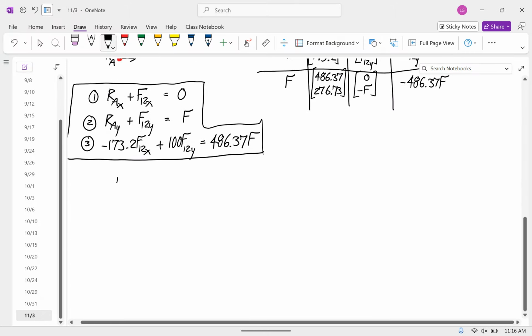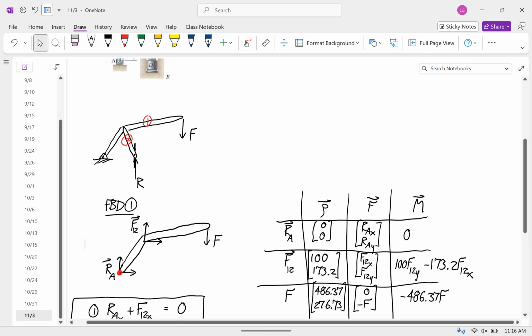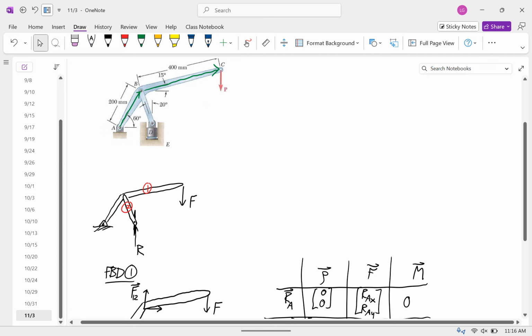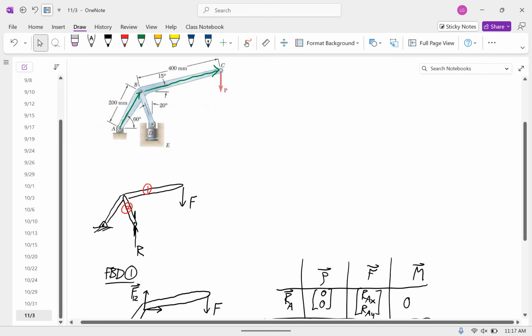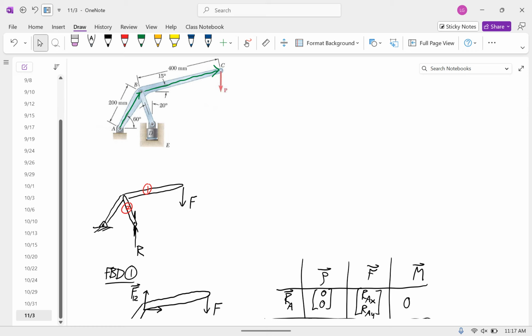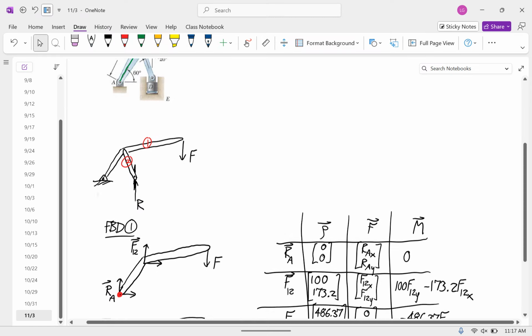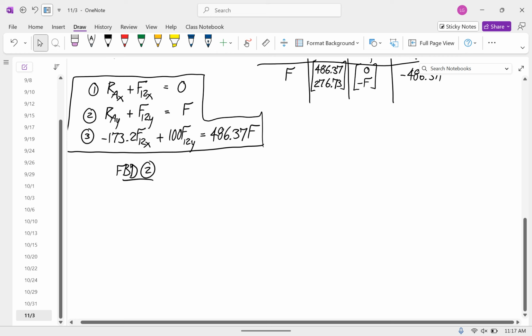And now we'll go to body 2. And so, here is the thing about... and I haven't talked about this yet, but this is a two-force body.